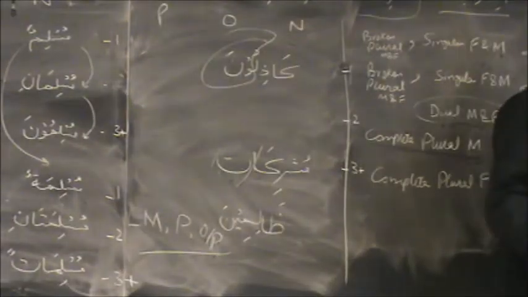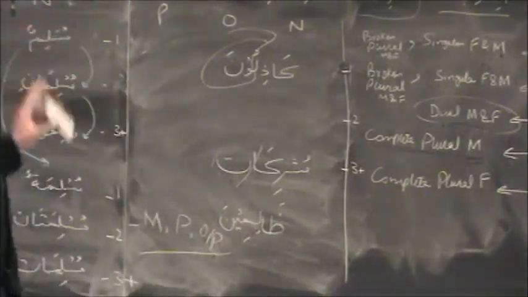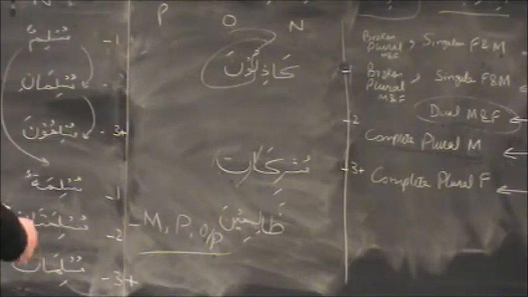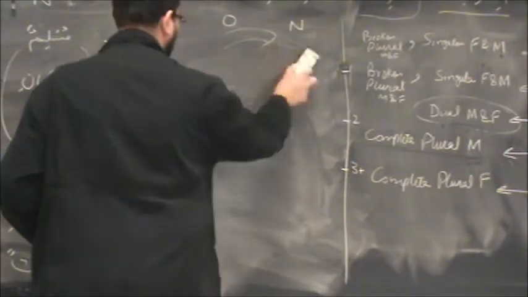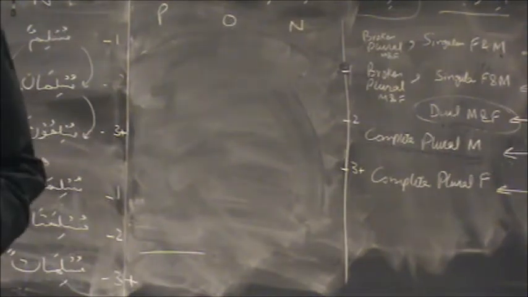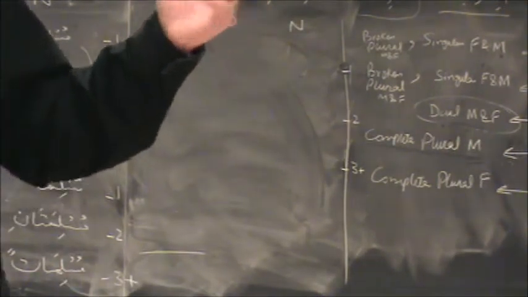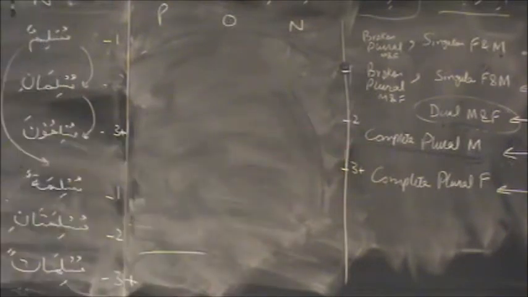Una can be only one thing, masculine, plural. So now you can do this. Let's move forward. What's the meaning of that word? Oh, what was that? Kadhib? Kadhib means liar. So kadhibuna is many lying men.